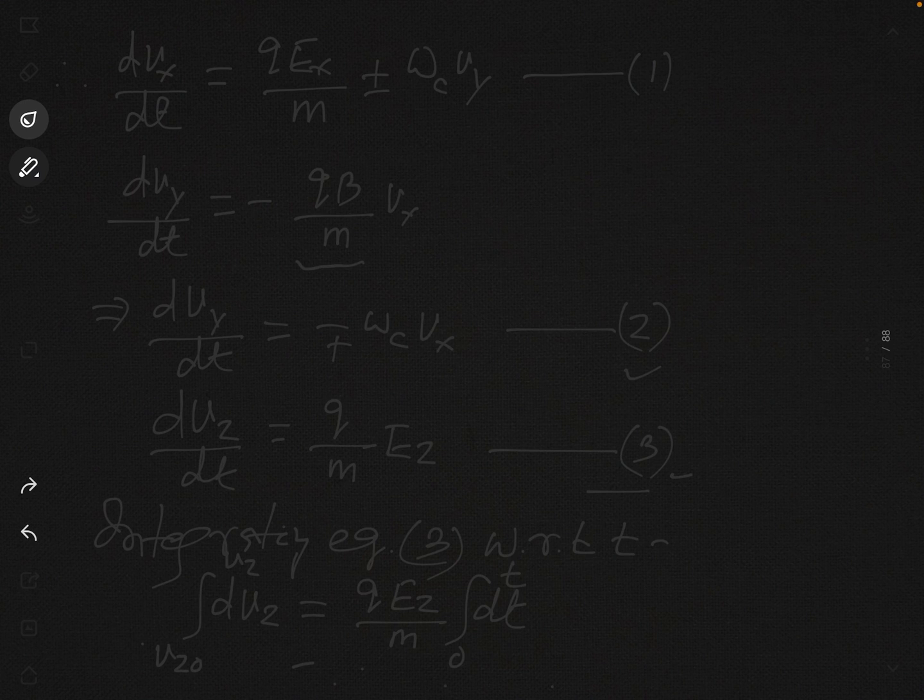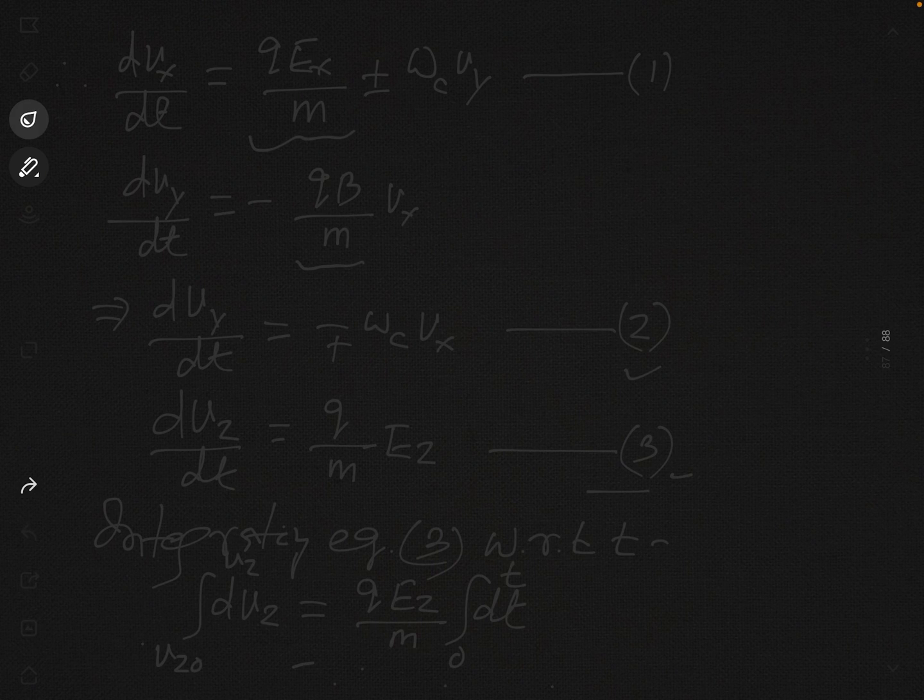And now see the RHS. Actually this term QEx by m is constant, independent of time. So when you differentiate it with respect to t, the first term will be 0. And here omega c is constant, so only Vy will be differentiated.